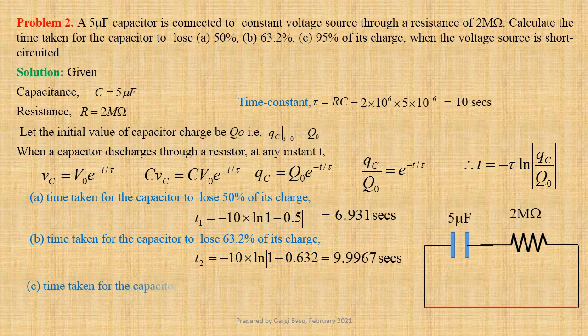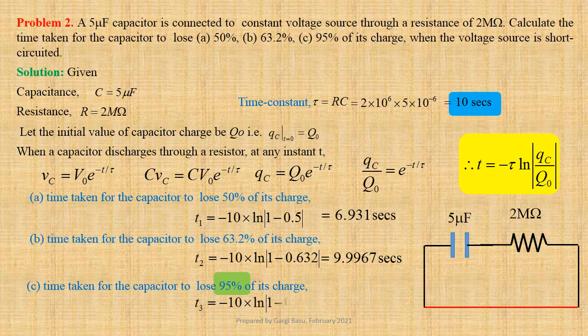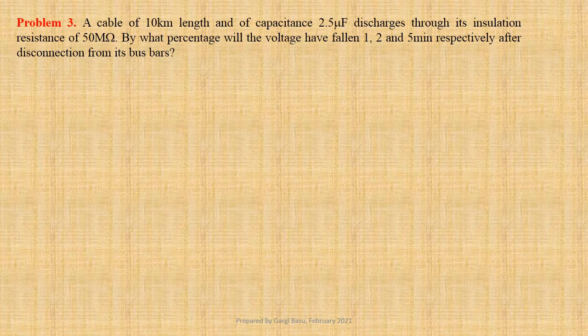Time taken for the capacitor to lose 95% of its charge, T3 equals minus 10 log of 1 minus 0.95, that gives us 29.9573 seconds.